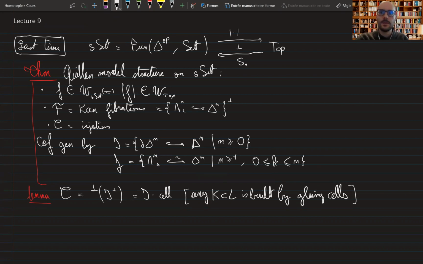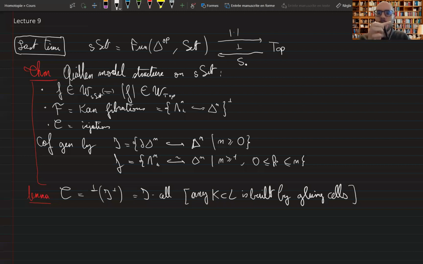We had, of course, limits and colimits, which are defined pointwise. And finally, we proved this first lemma, which says that cofibrations are indeed generated by this set I, and that moreover, we can prove that they are all I-cellular morphisms, which is to say that any inclusion of a simplicial set is built by gluing cells in some way, just like a CW complex.